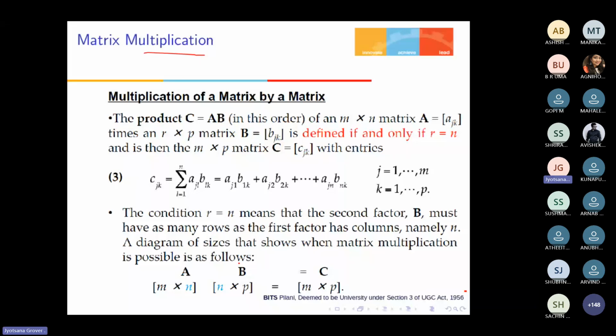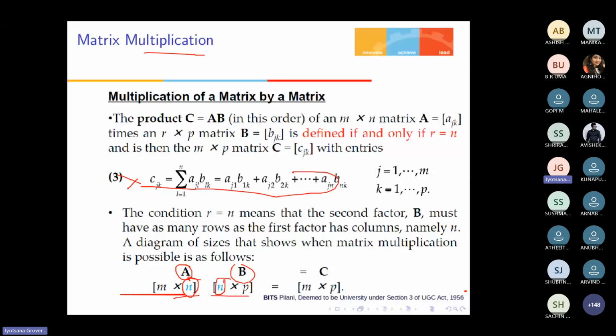So when do you say two matrices can be multiplied? Don't get bogged down by these notations. Ignore them, I'll simplify it. Two matrices are multiplication compatible when the number of columns in the first matrix is equal to the number of rows of the second matrix.